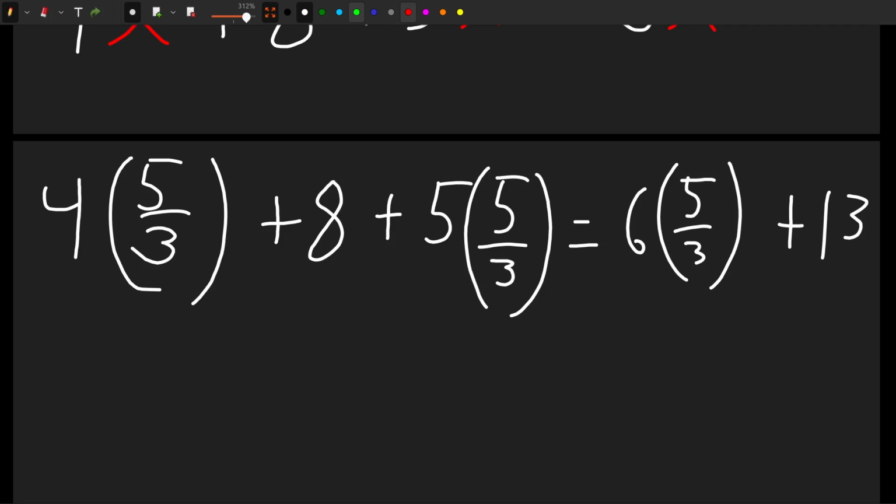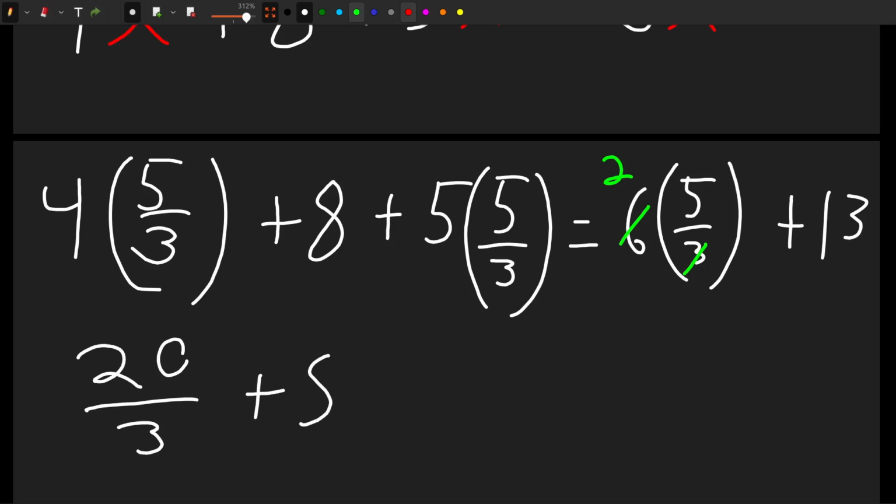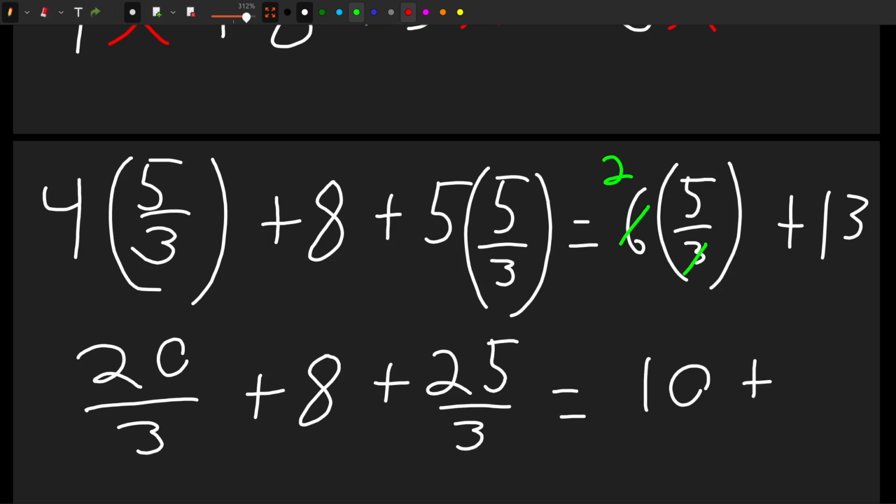Actually, I should probably just do that now. If you notice here, I can divide out a 3 and I can get 2 here. 6 is 2 times 3, so I can actually just simplify out a 3. And so on the left-hand side, I'm going to get 20 over 3 plus 8 plus 25 over 3 is equal to 10 plus 13.